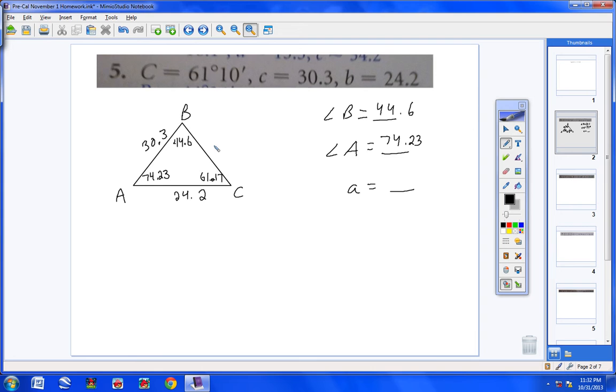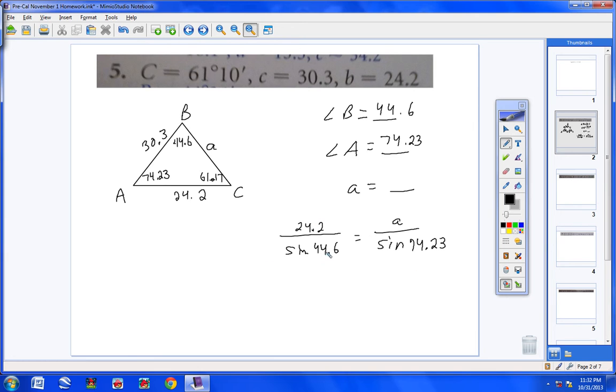So let's find this last side here, side A. I'm going to start off with 24.2 over sine of 44.6 equals side A over sine of A, which is 74.23. Now I'm going to skip a step here, guys. I'm really getting tired of writing all this down.